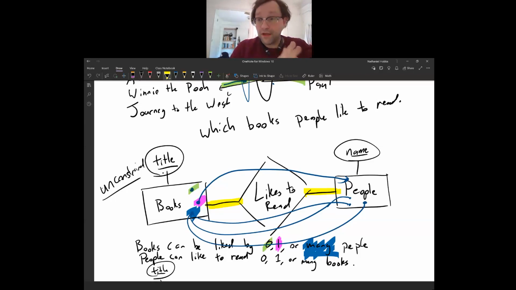So for every entity relationship section, there's two directions you always have to think about. One is left to right, and that is the way that books relates to people, which is here.